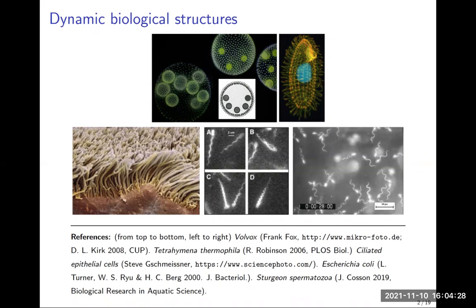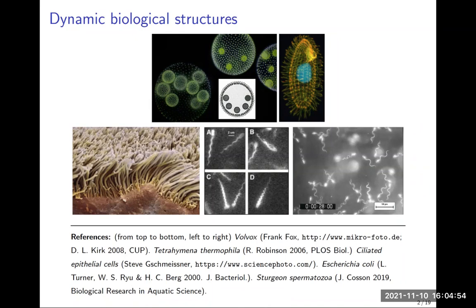it's covered in. On the second row, I'm showing some cilia in airways of our lungs, which help us propel mucus and foreign particles out of our lung. And in the middle there, you can see flagella of E. coli. And on the right, you can see tails of sperm.